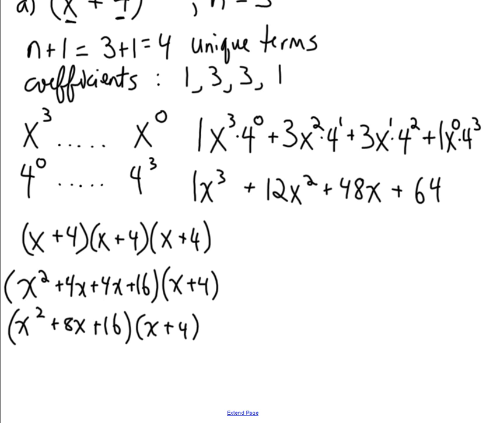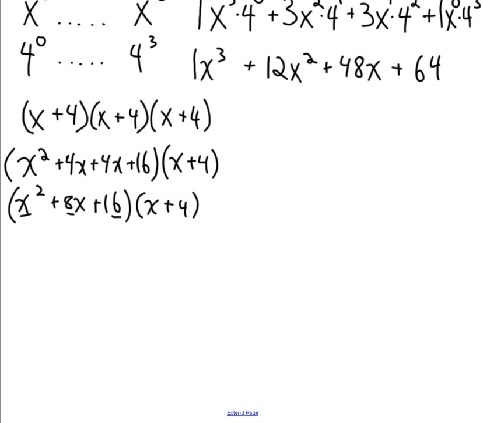Now at this point, the expansion of this is going to require us to multiply every term in the first, in this case, trinomial, by each of the terms in the binomial. So we're going to get an x cubed, we're going to get an 8x squared, we're going to get a 16x. Added to that, we're going to get 4x squared. 4 eighths is 32x, 4 sixteens is 64.